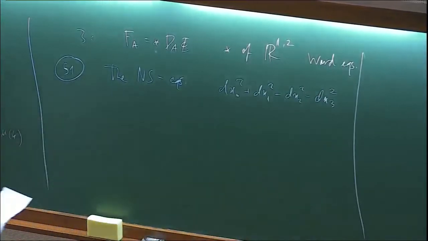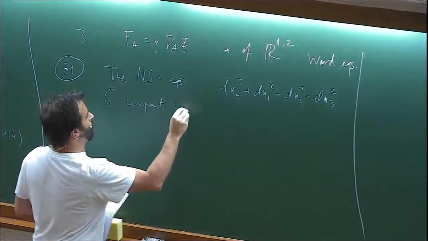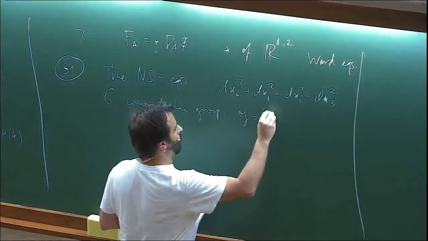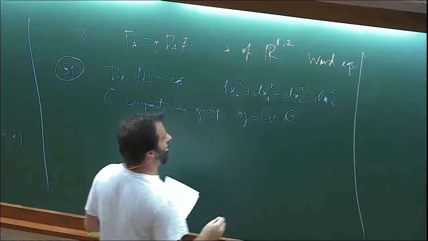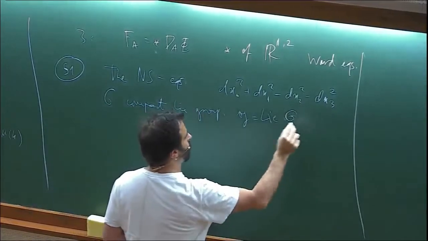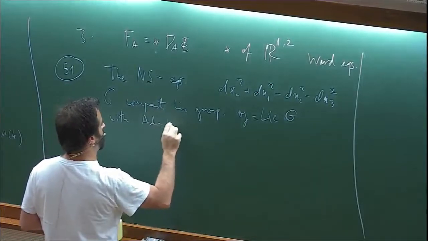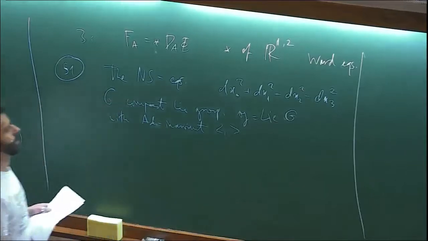You fix a compact Lie group with Lie algebra g, with an Ad-invariant inner product.